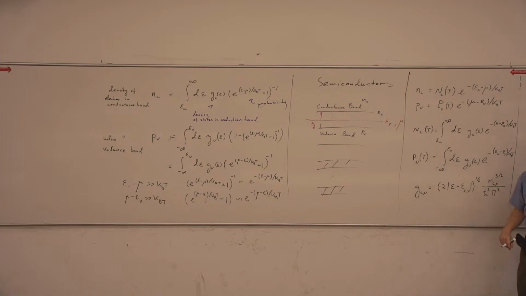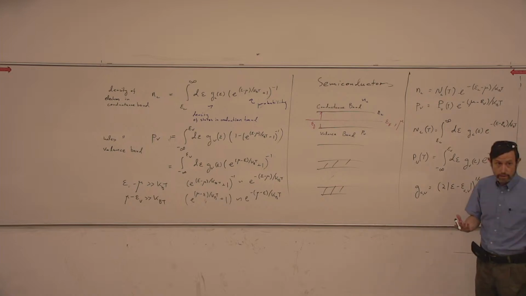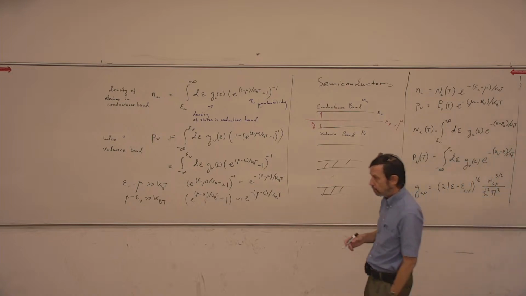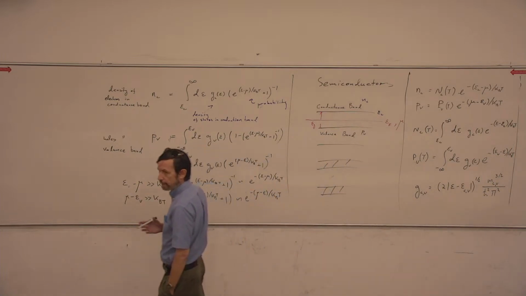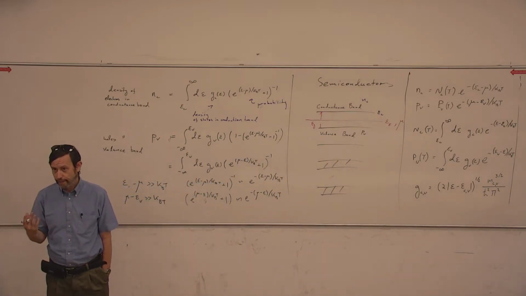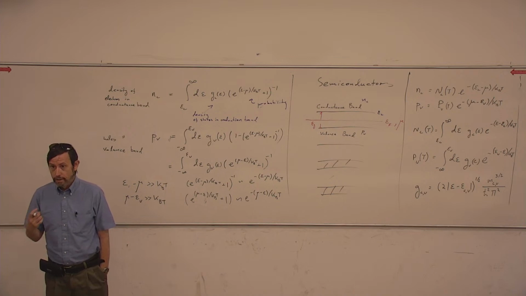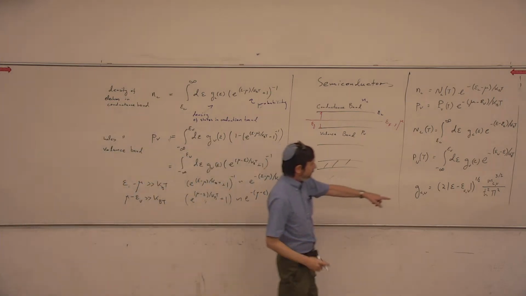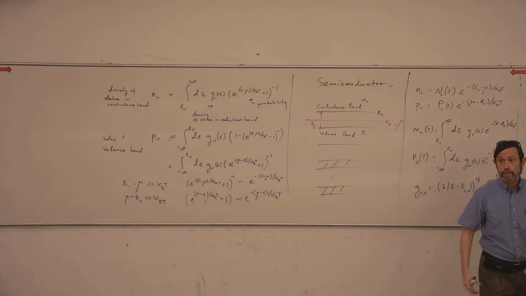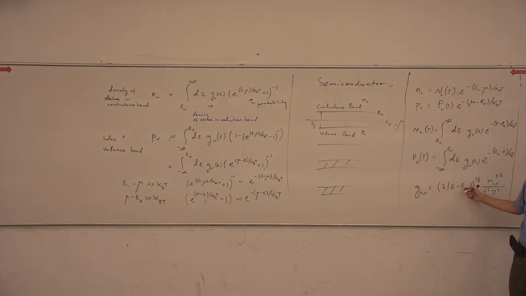So I'm quoting here the results that we developed a few lectures ago about the density of states of free electrons. The only thing that I change is that the energy doesn't start at zero, but starts either at one edge or the other edge of the band.